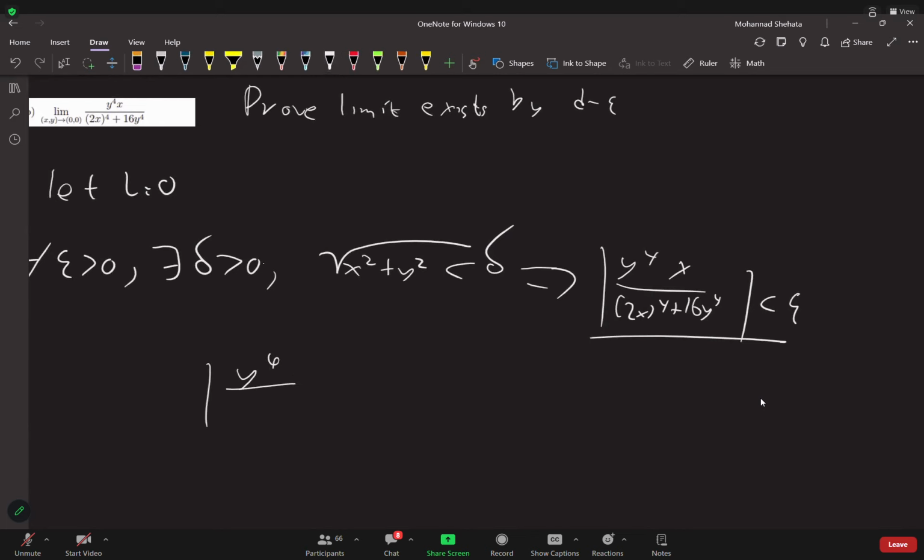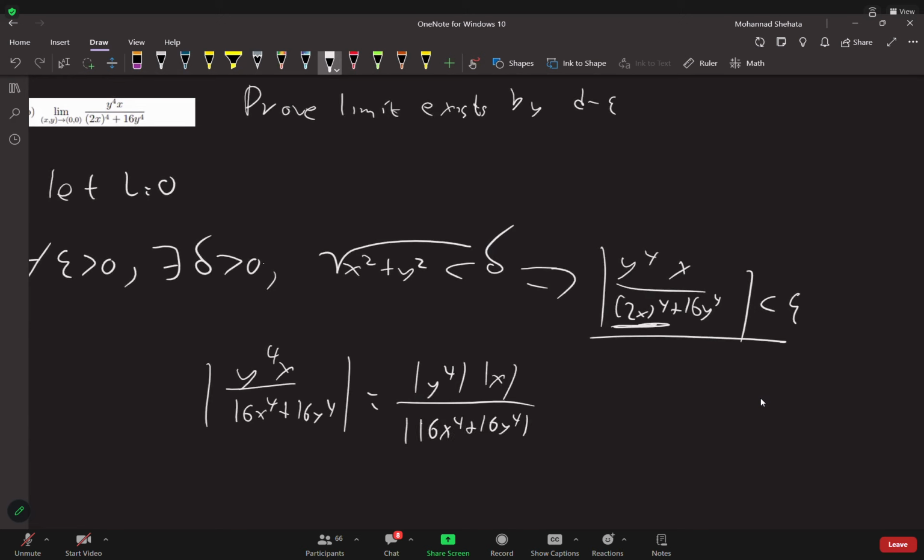Let's try. We first expand this term to be 16x to the 4 plus 16y to the 4. We can separate the terms with the absolute value, x to the 4 plus 16y to the 4.